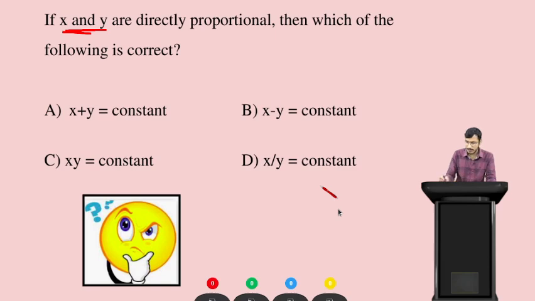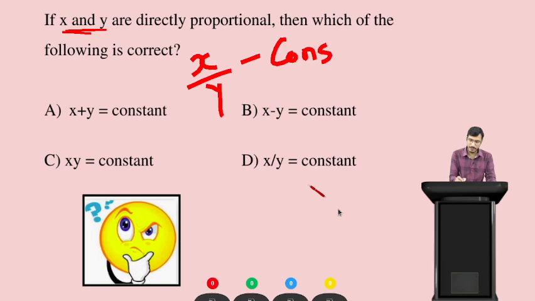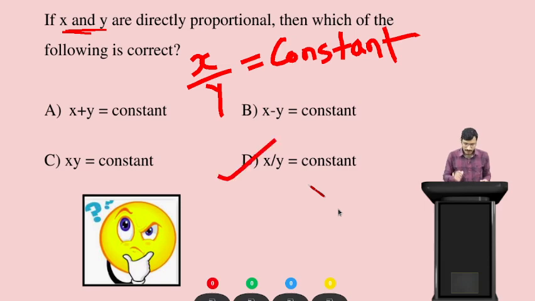That means if one quantity increases, the other will increase, and if one quantity decreases, the other will decrease. So the ratio of x and y is equal to a constant always. So x upon y is equal to constant. So option D is the right answer here.